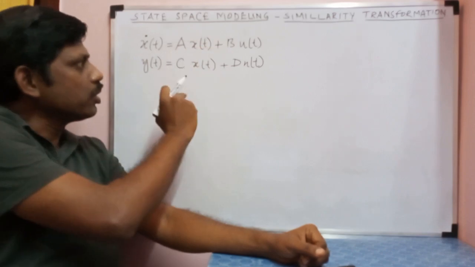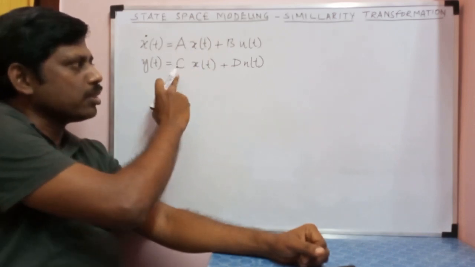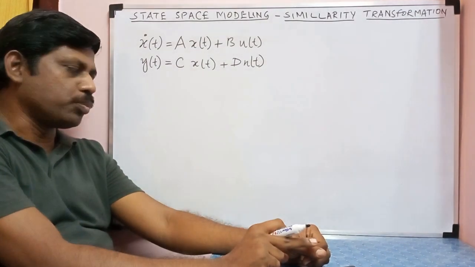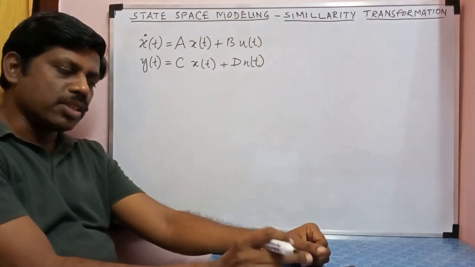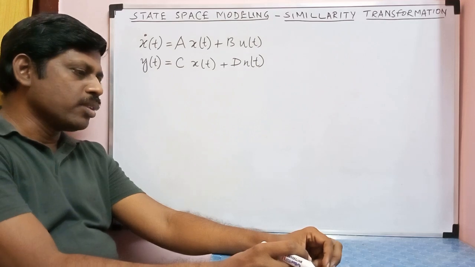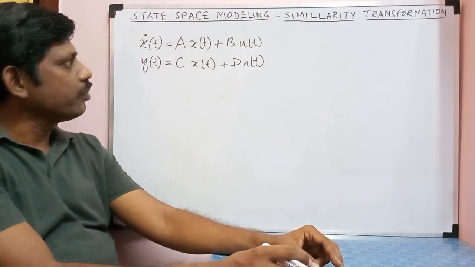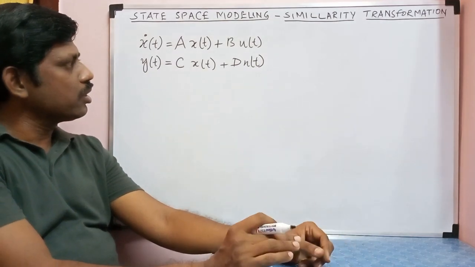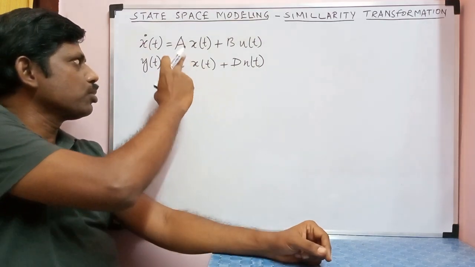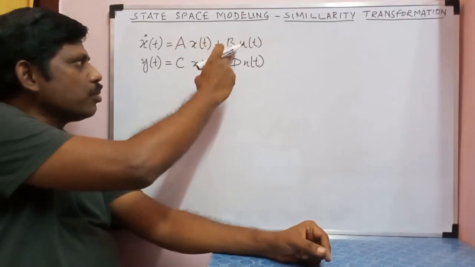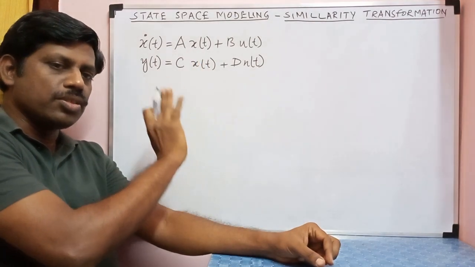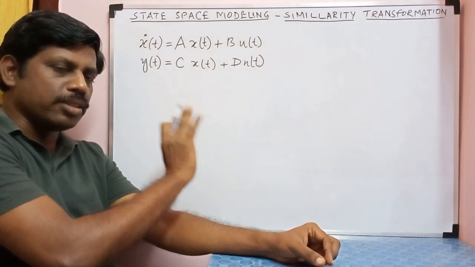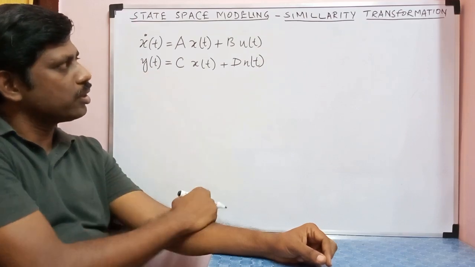The first equation we call the state equation, and the second equation we call the output equation. So these two equations together form the state space model. What is interesting is that any physical system is now reduced to 4 matrices A, B, C and D. If I know these 4 matrices, I get the model of any physical system.